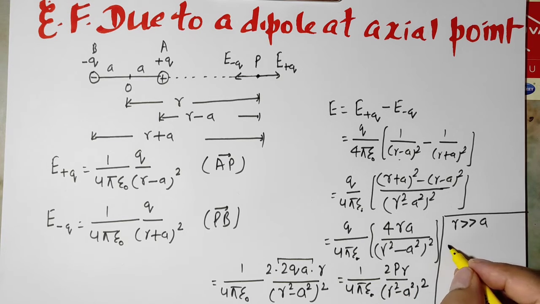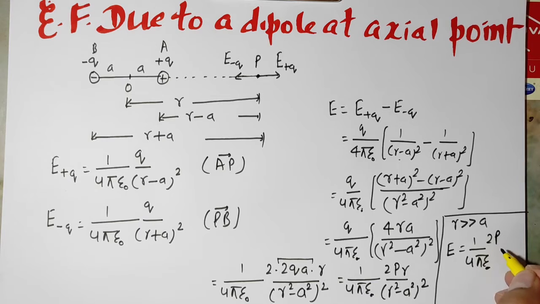Eventually the net electric field is 1 upon 4 pi epsilon naught, 2p upon r cube, and this is our electric field due to a dipole at an axial point. This is our formula.